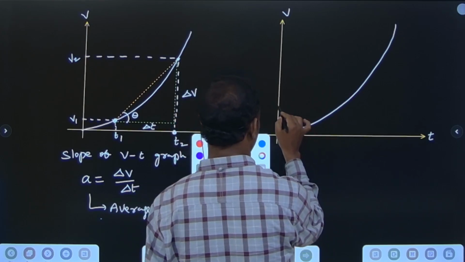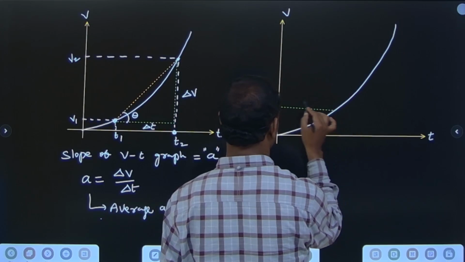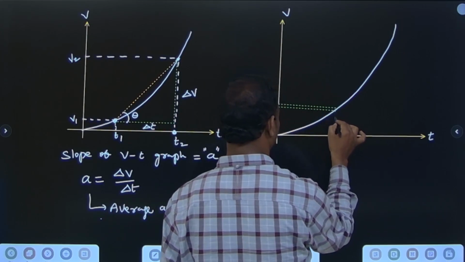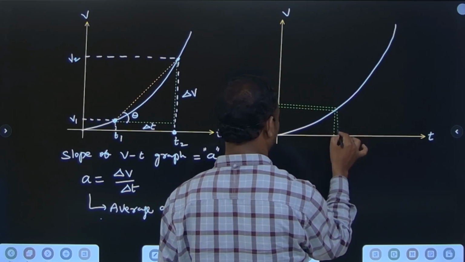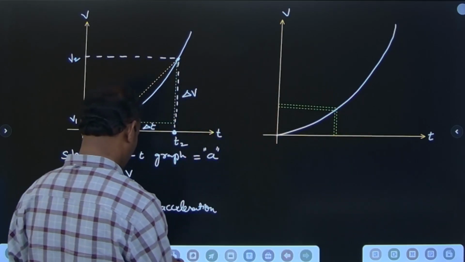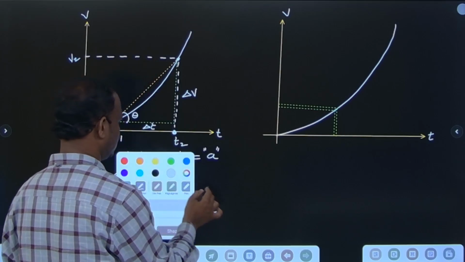Next, in the same situation, one position has been taken, and another position has been taken. Here you can observe the interval is very small.